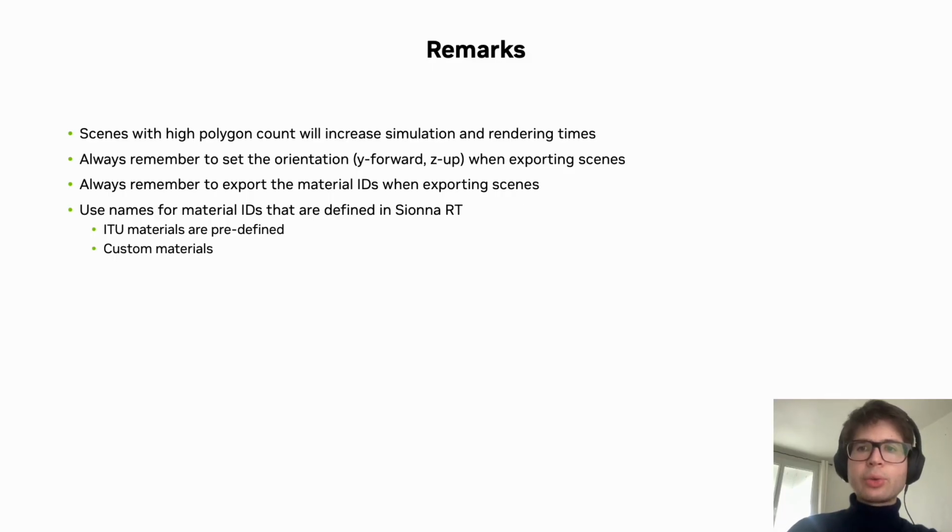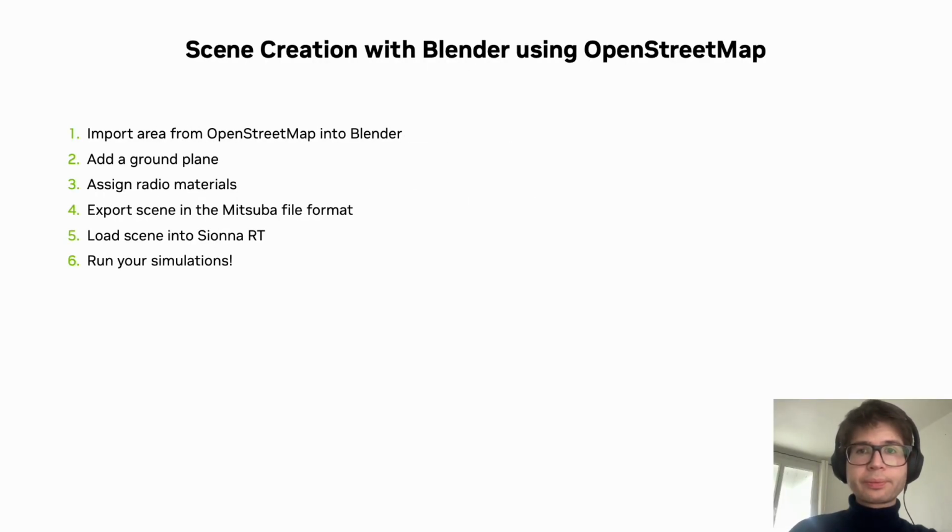Secondly, always remember to correctly set the orientation, that is, Y forward and Z up, when exporting scenes. Also, when exporting scenes, remember to always export the IDs. Finally, use names for materials that are defined in Sionna RT, which is the case for materials that are baked in Sionna, that is the ITU materials, or custom materials that you have created.